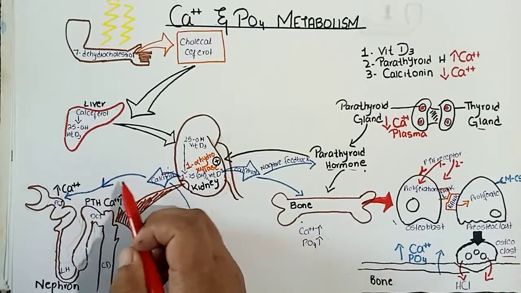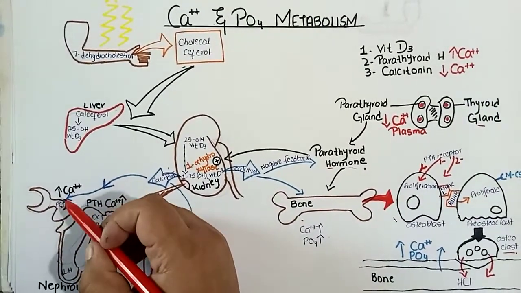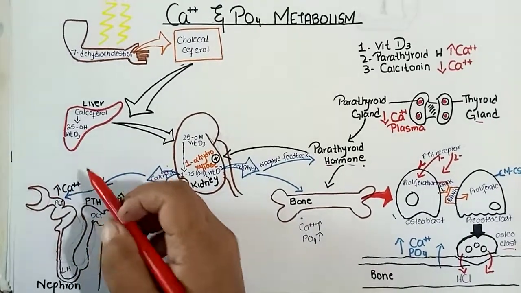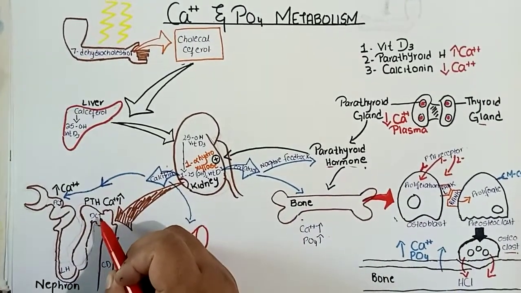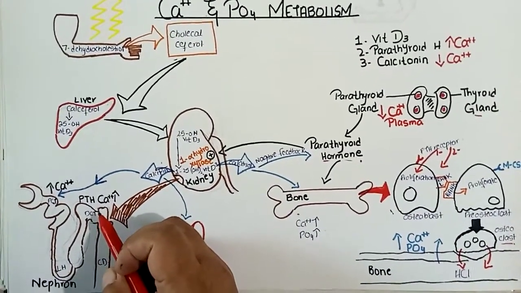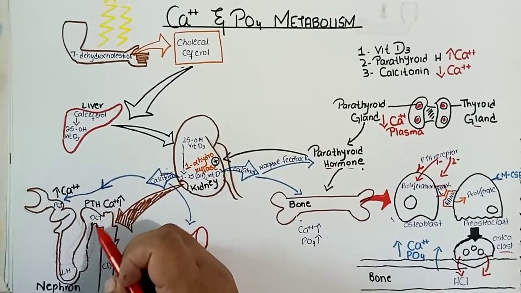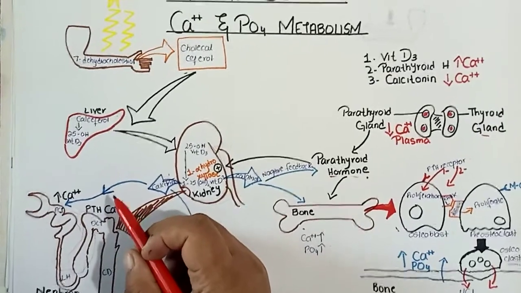This calcitriol will act on the proximal convoluted tubule and increase the calcium level of the plasma. And the parathyroid hormone will act on the distal convoluted tubule, and it will also cause the reabsorption of the calcium from distal convoluted tubule and elevate the calcium plasma level.